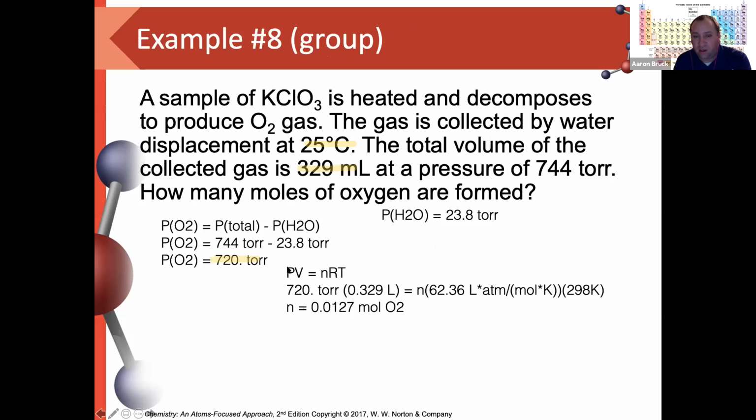But the important thing to draw out of this is that the ideal gas law can be applied for individual components of a mixture or for the total mixture, depending upon what the conditions are. And so what we have to understand is that volume and temperature should not change if we are looking at a mixture of gases.